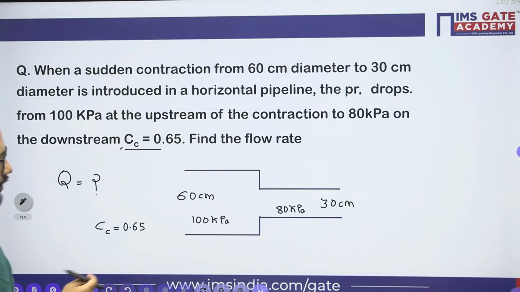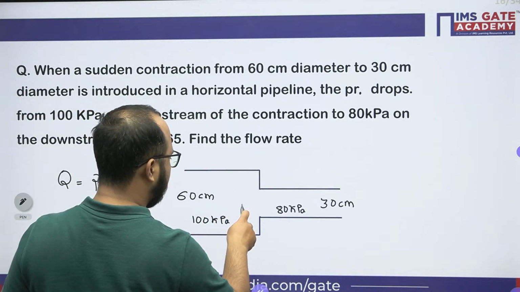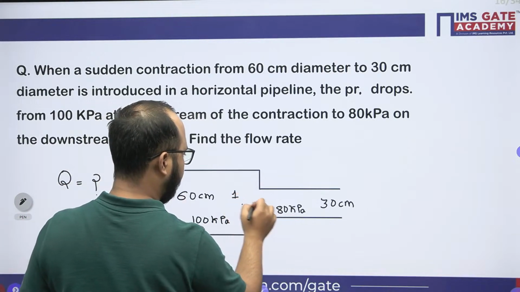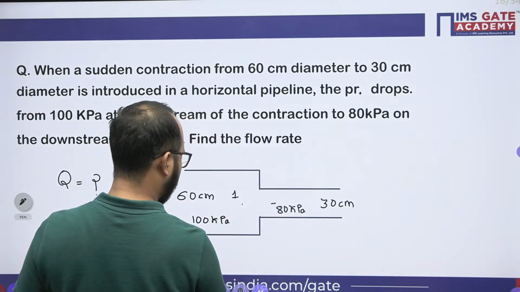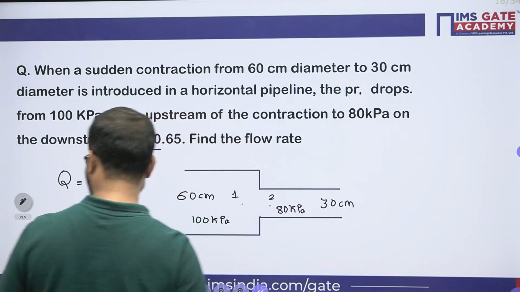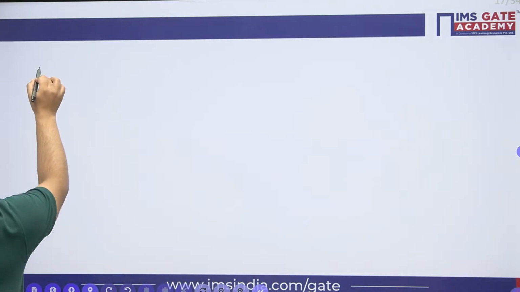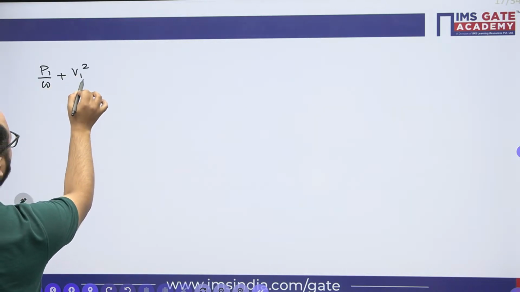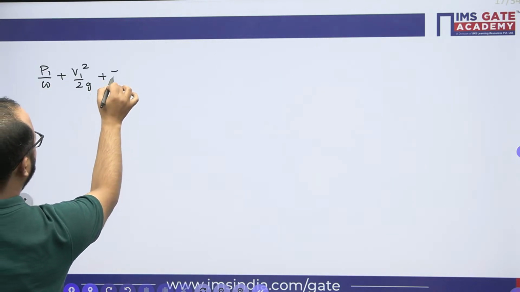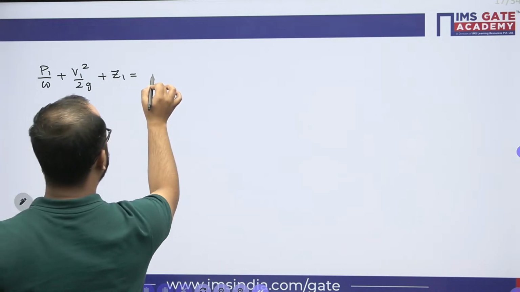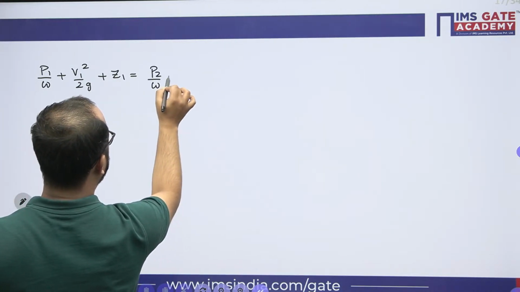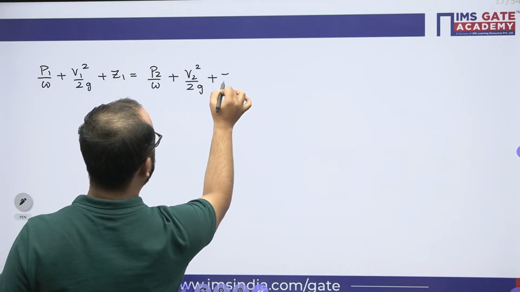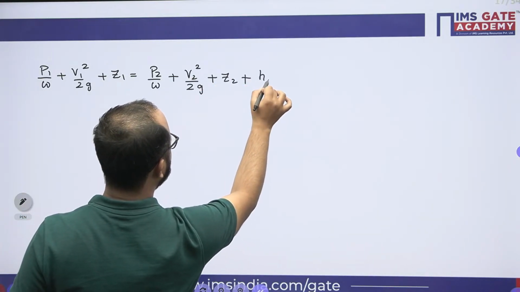So if I apply the Bernoulli's equation, let's suppose this is point 1 and this is point 2, plus losses.